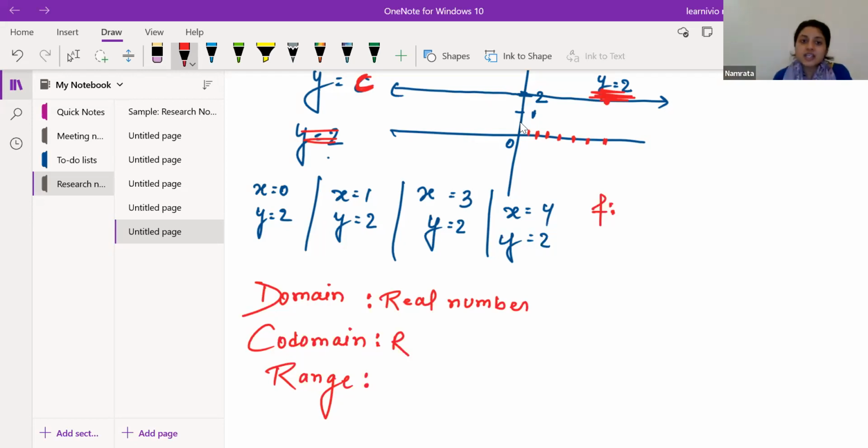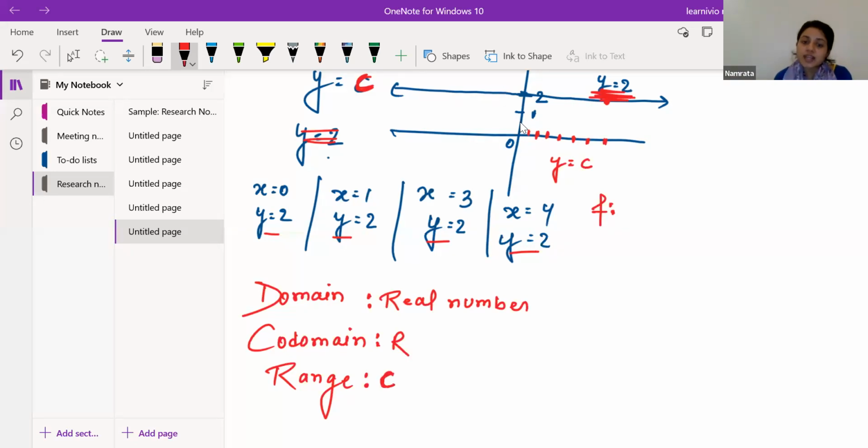The way here we are seeing y is 2, y is 2, y is 2. Whatever you take as x, y will be 2. Similarly, if I say y equals c, whatever you take as x, y will be c only, the constant number, which can be anything. So the output will be only c.